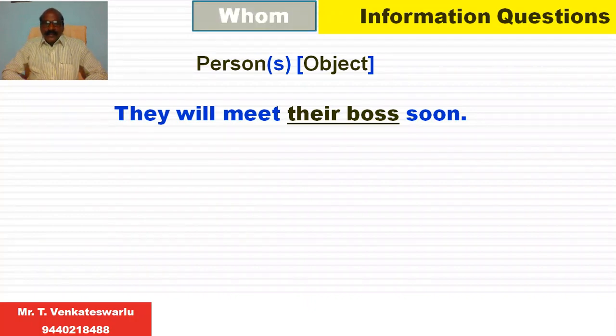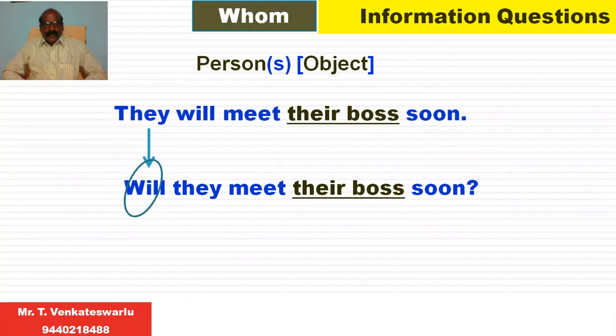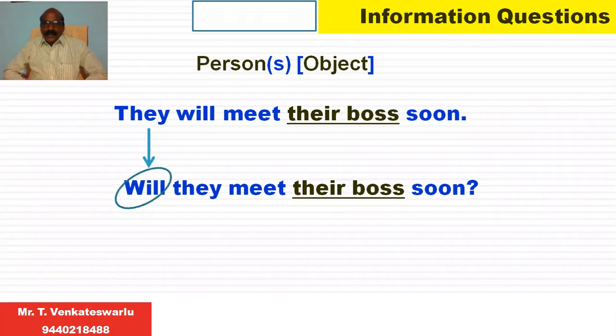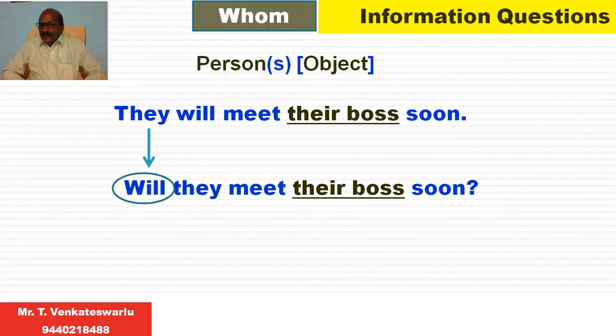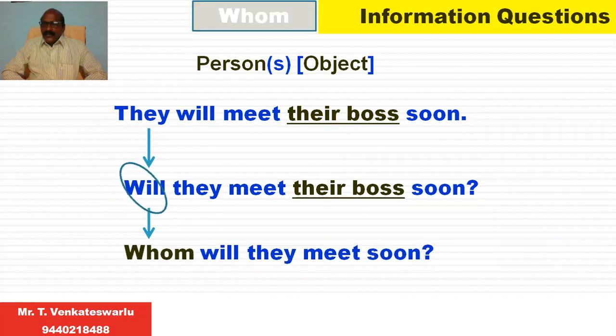First we have to change it into a yes or no type question by inverting the subject and the verb. Will they meet their boss soon? And the underlined part is used as an object and it refers to a person. So we have to begin the question with whom. Whom will they meet soon? The underlined part is deleted.